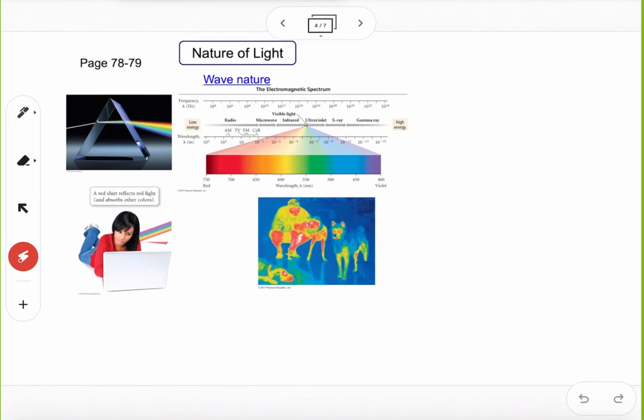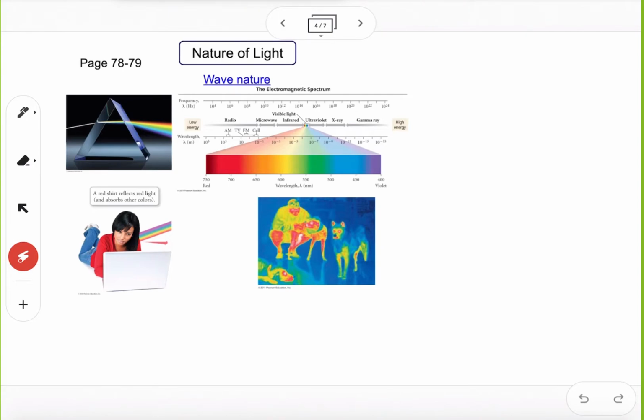Why do we see red color? The reason is the dye compound in this lady's t-shirt. Remember, when you make a t-shirt, in order to show a certain color, you have to use the dye compound, okay. And this dye compound will absorb all the other colors from the visible light and only reflect red color. That's why we see red color.